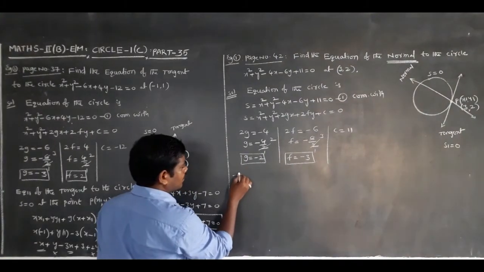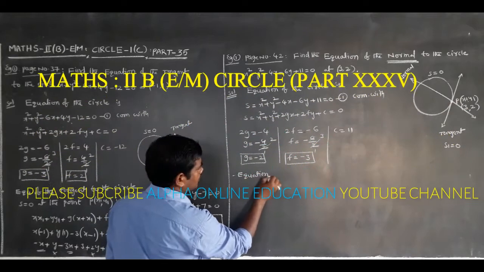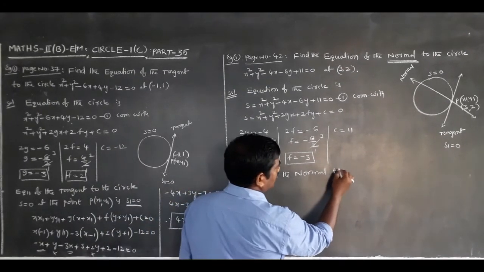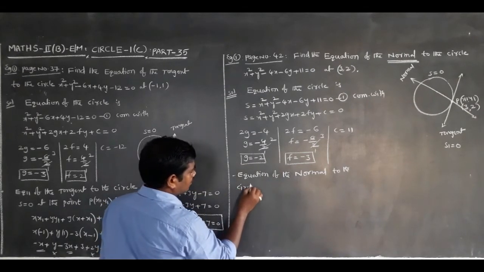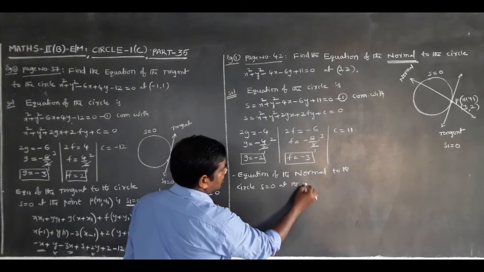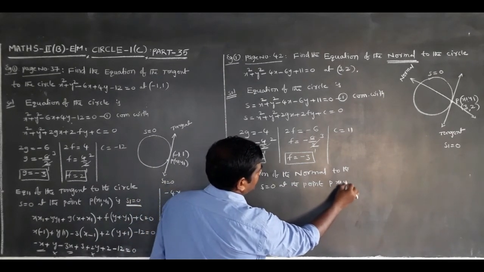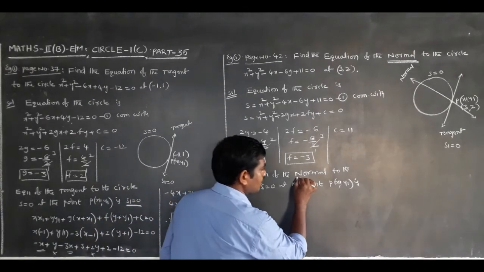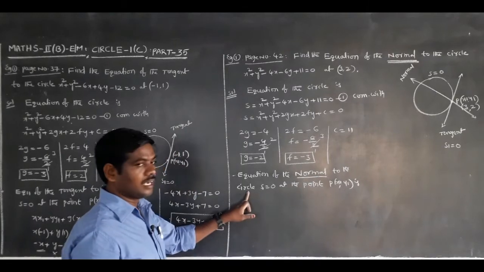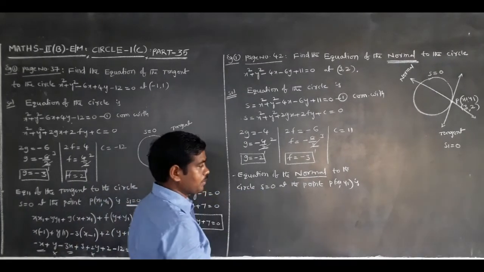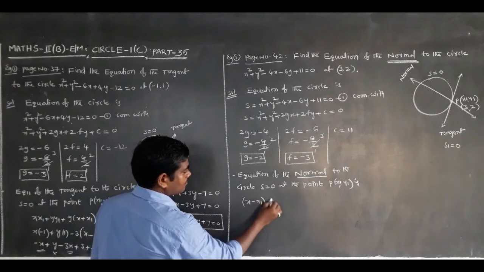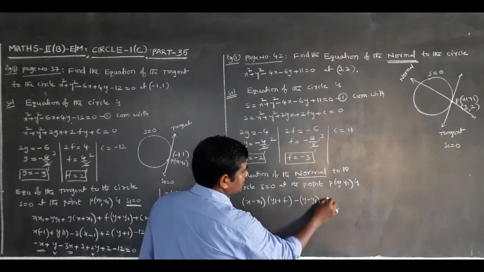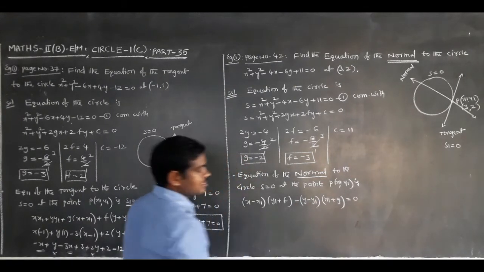Here by using the formula, the equation of the normal to the circle S is equal to 0 at the point P(x1, y1) is (x minus x1) into (y1 plus f) minus (y minus y1) into (x1 plus g) is equal to 0.